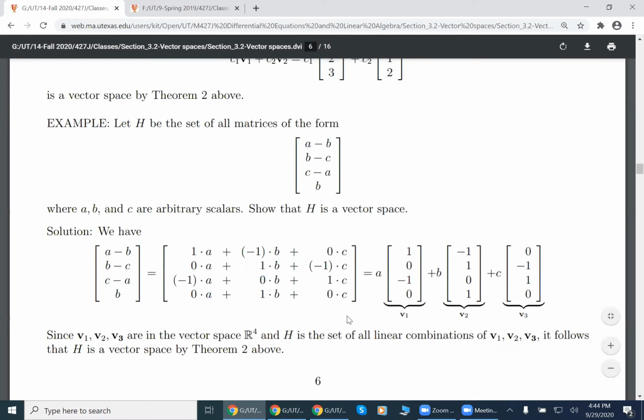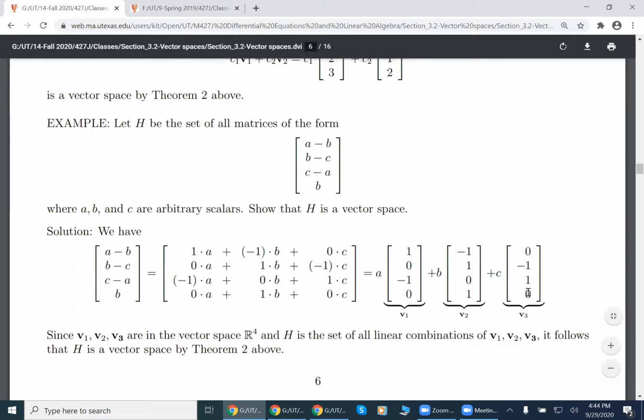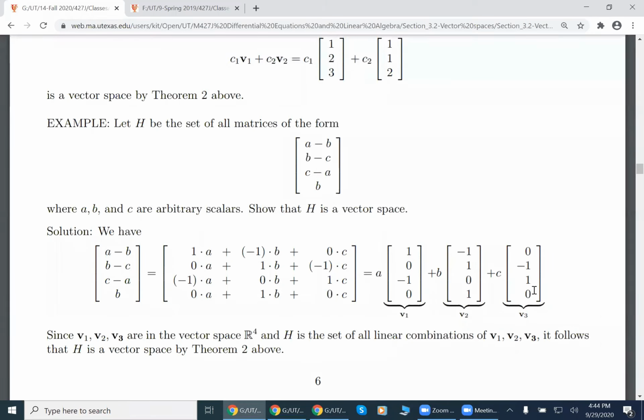And it's pretty obvious that this matrix column can be rewritten as A times V1 plus B times V2 plus C times V3. We just copy 1, 0, negative 1, 0. It's over here. Negative 1, 1, 0, 1 over here. 0, negative 1, 1, 0 over here. Was that your question? Yes, and then since those are just ones and zeros and negative ones, and that falls into the R4, the whole thing is a vector space?